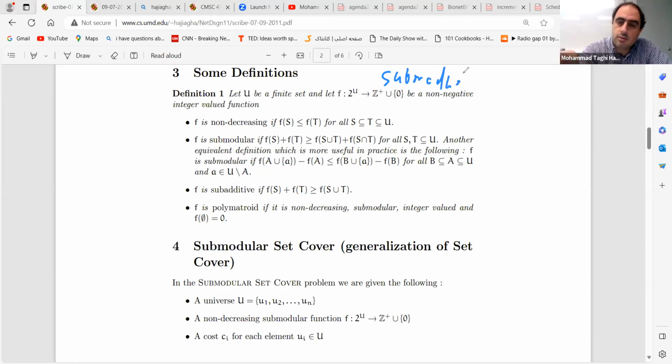So we are talking about submodular cover. Let's assume that U is a finite set.